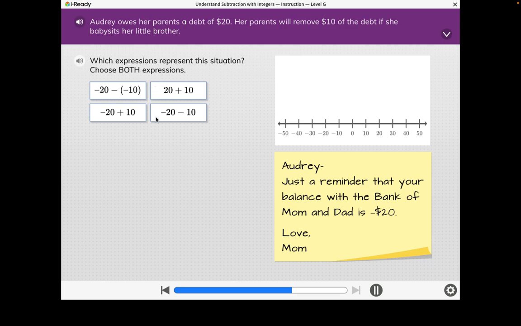So -20 because she has a debt of $20, and then they're gonna remove $10 of the debt. So this one, and this one is also equivalent because -20 plus 10, because you make this a plus and then make this the opposite. So those two are equivalent.